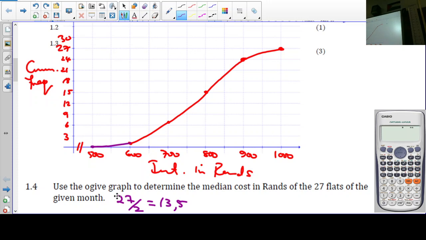Otherwise, I know some people, to work out the median, say (n plus 1) over 2, which would give you an answer of 14. So at either 13.5 or 14, you take your reading.